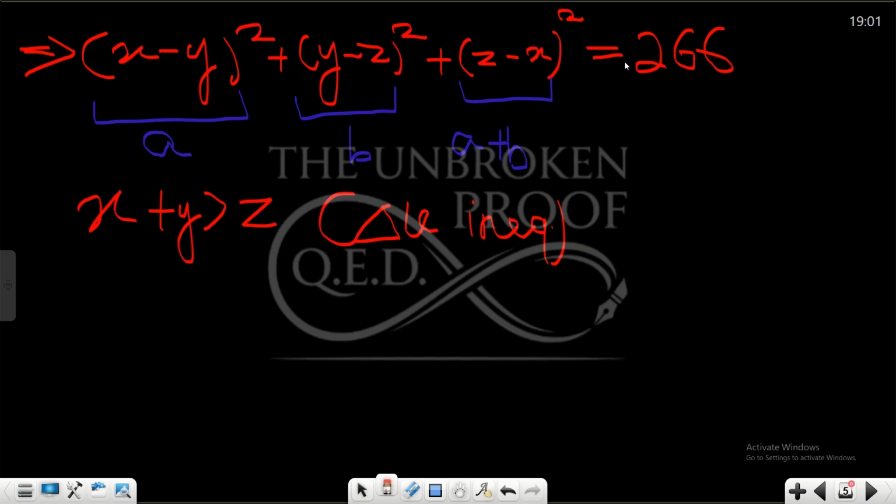Now if you look at the second condition, the equation, it is visible that the sum of squares should give you 266. The ending digit is 6.